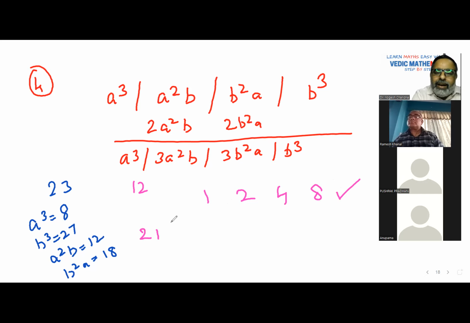Then we did 21. We wrote from this side, but let's do from here. 2 cube, 8, 4, then 2 and 1. This is what we wrote from this side: 1, 2, 4 and 8. Same. See, the formula can be used for any number.